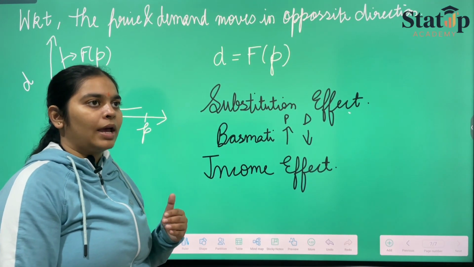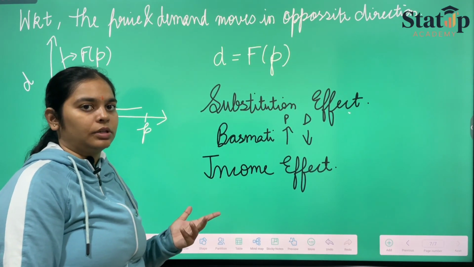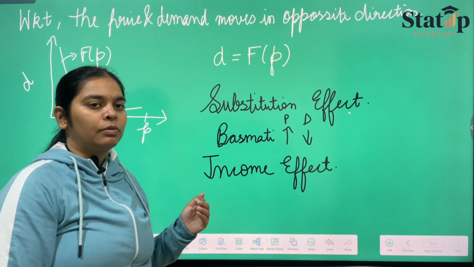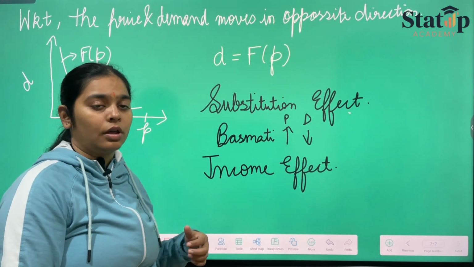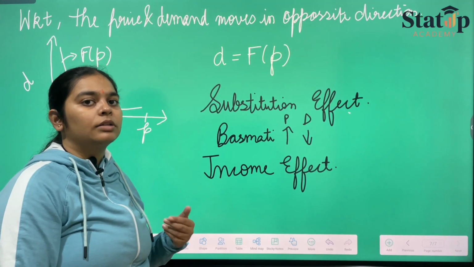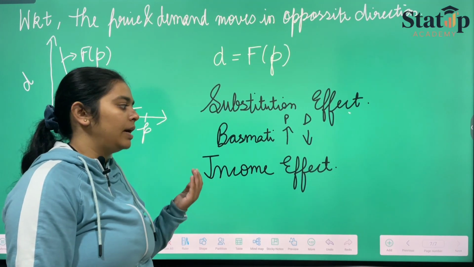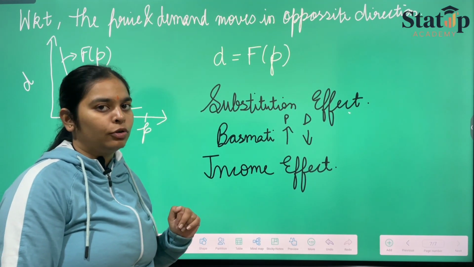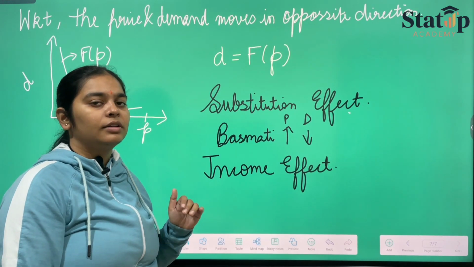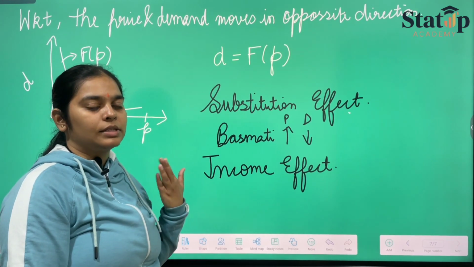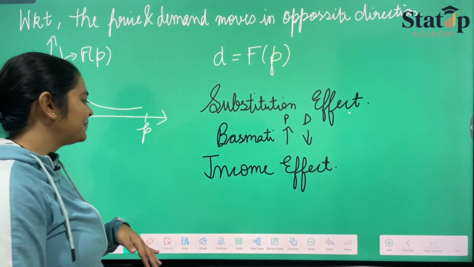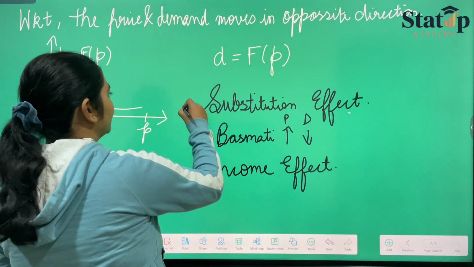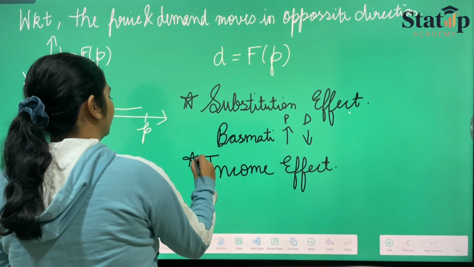Suppose my salary now is 4,000, and the commodities I am getting for my house are for rupees 2,000, but after 1 month the commodities are for 3,000, but my income is the same 4,000 only. Then as and when the price increases relative to income, the demand decreases. So these two we can say are the effects.